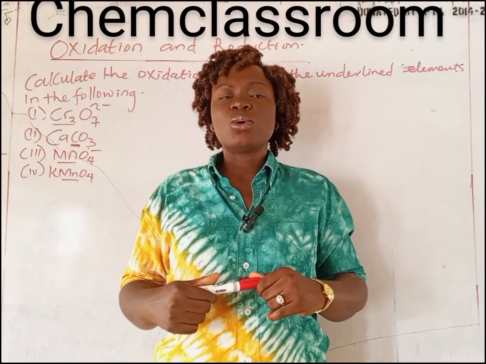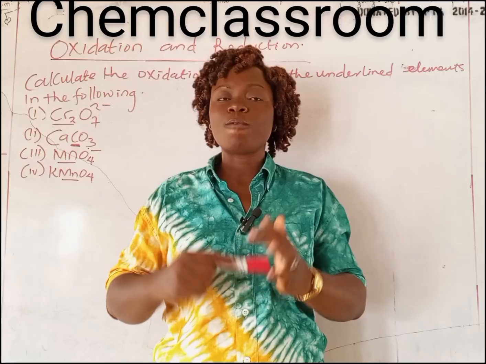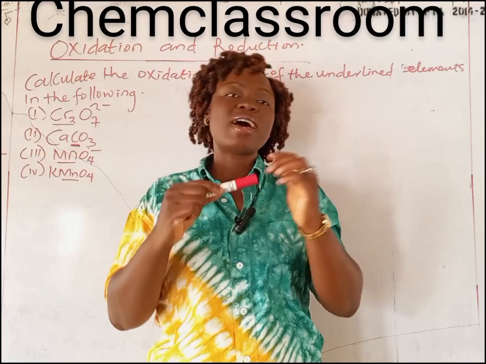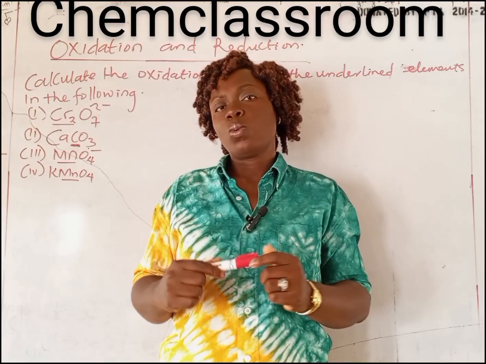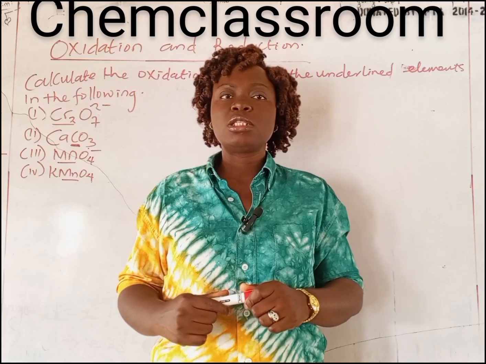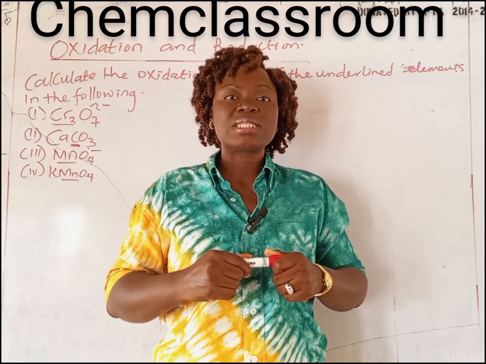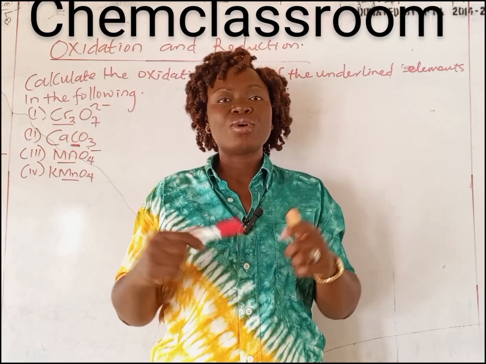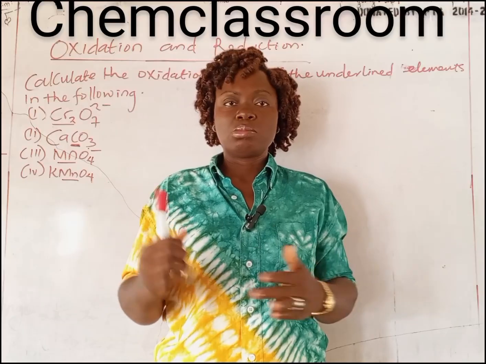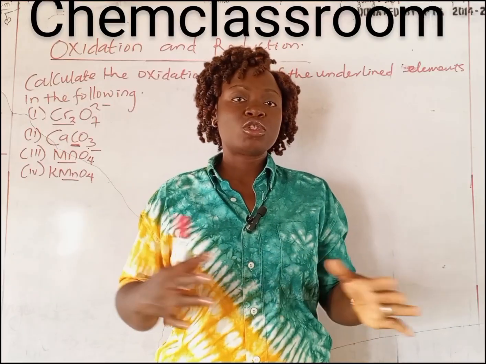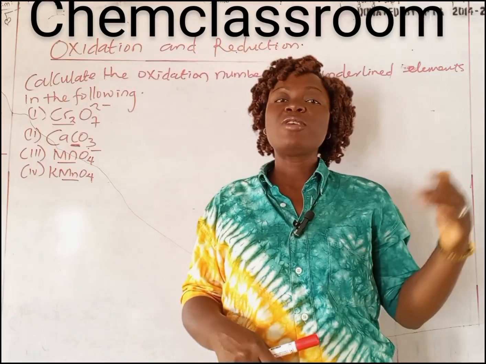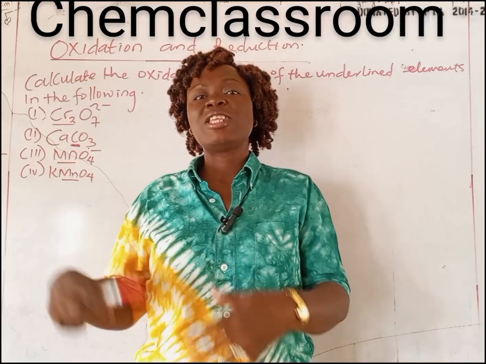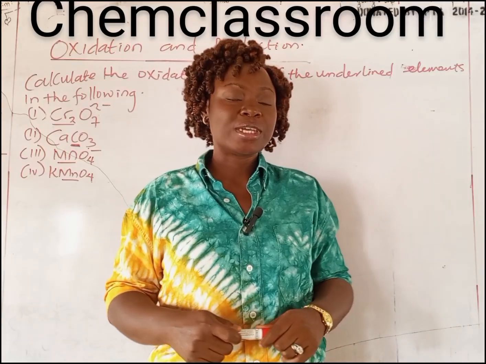Oxidation is the addition of oxygen and the removal of hydrogen, while reduction is the removal of oxygen and the addition of hydrogen. Oxidation and reduction are just like opposites, so whatever you say for oxidation is the opposite for reduction.